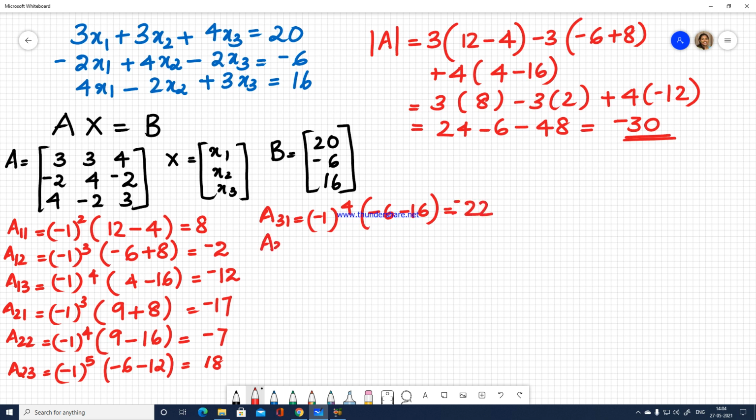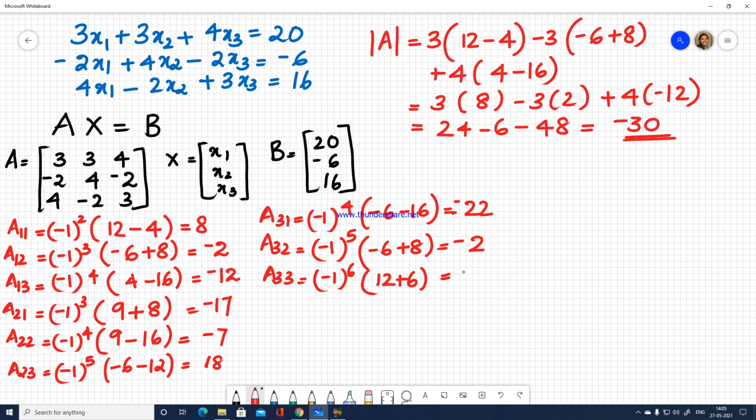Then A32 is equal to minus 1 raised to 5, times (minus 6 plus 8), that is minus 2. Then A33 is equal to minus 1 raised to 6, times (12 plus 6), that is 18. So these are the cofactors.